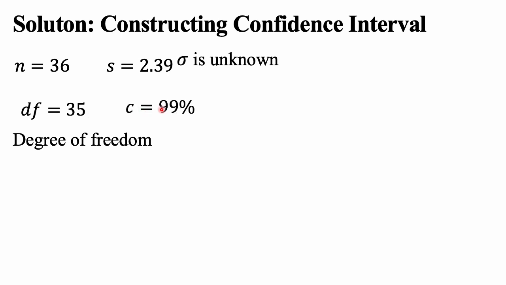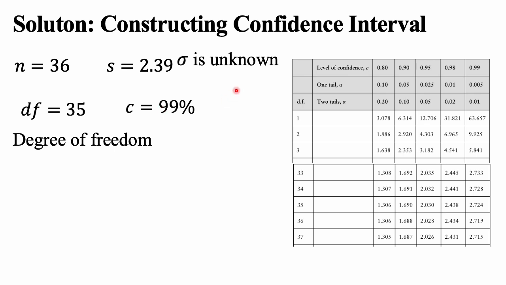We need the level of confidence. Here is the table. Degree of freedom is 35 right here. Then level of confidence is 99%, which means 0.99. Then you find the critical value. That's going to be 2.7424.